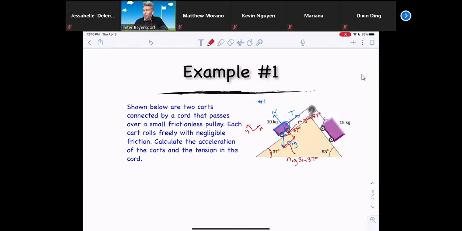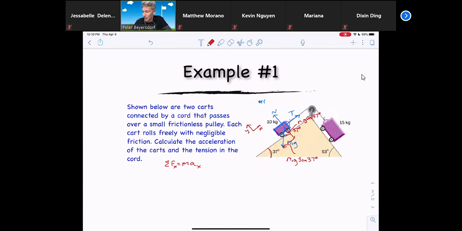So after you draw your free body diagram, you're going to want to say that the sum of the forces is mass times acceleration. That's almost always the next step in a problem involving Newton's laws. And the free body diagram is just a way to organize our forces. So the left side of Newton's second law, we're going to evaluate from the free body diagram. I'm interested in the motion in the x direction, so let me consider the x component of the forces, and that's the direction of the acceleration.